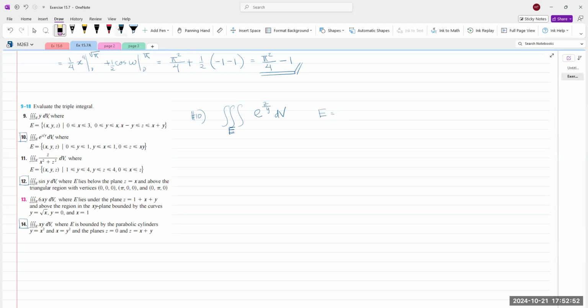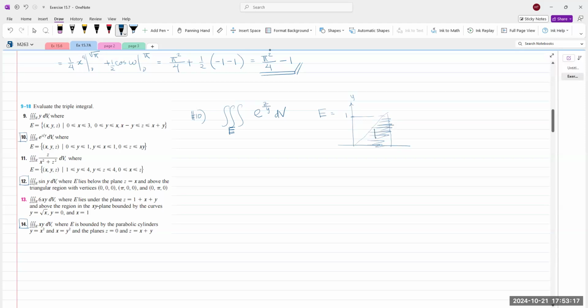The y is from 0 to 1. The x is from x equals y to x equals 1. And the z is from 0 to xy.